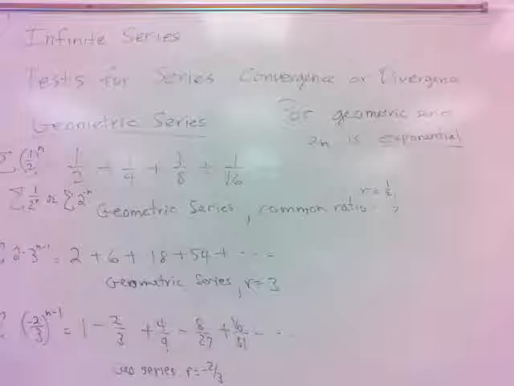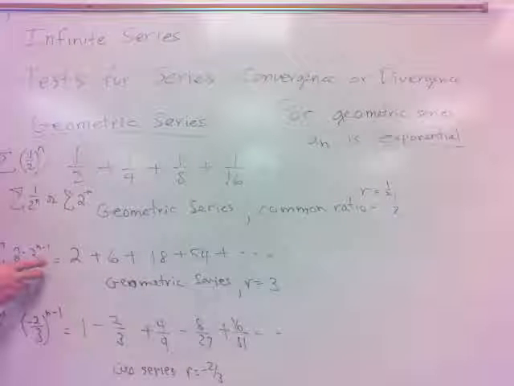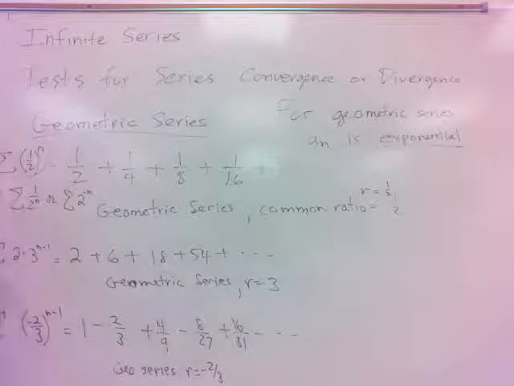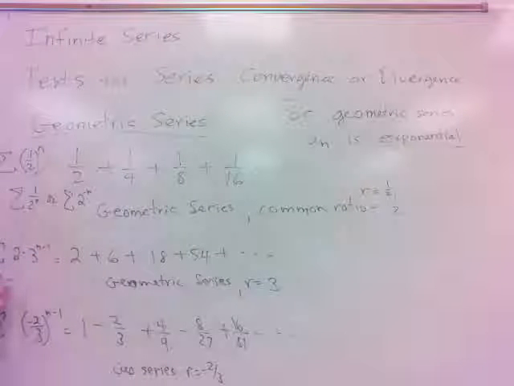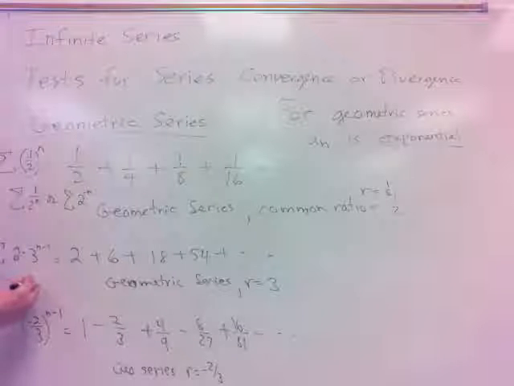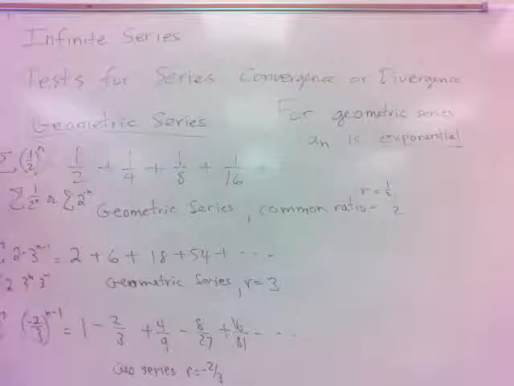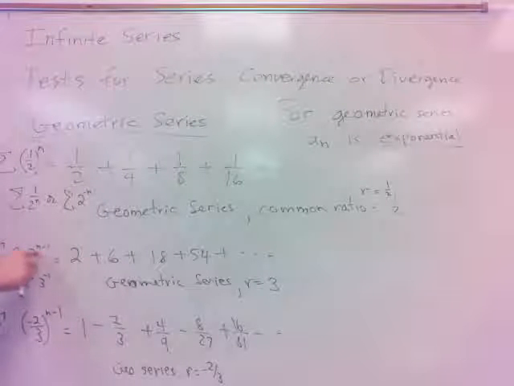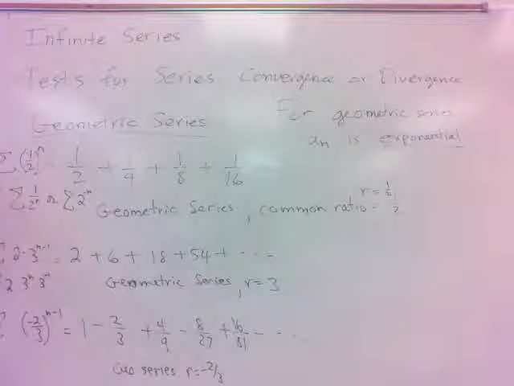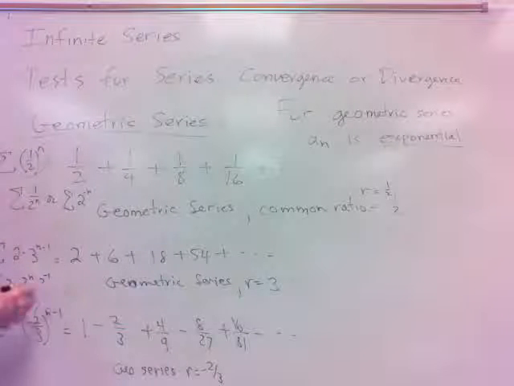Now, let me go ahead and mention this one. I can write this one a little differently too. Sometimes we may need to do this. This one could look like 2 times 3^n times 3^(-1), couldn't it? Couldn't I break up that 3^(n-1) into 3^n times 3^(-1)? What's 3 to the minus 1?